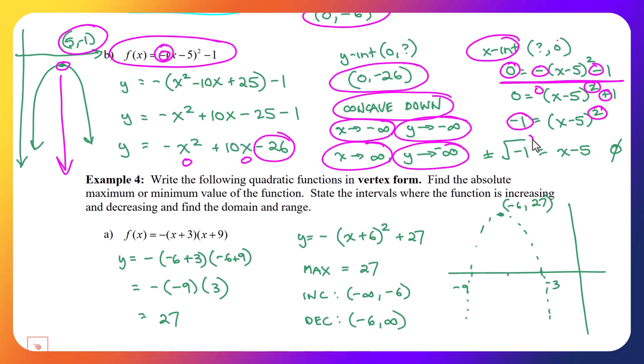We root both sides, and you're rooting a negative. Not going to happen. So algebraically, we can see that there isn't going to be an x-intercept. Geometrically, we can also see there isn't going to be an x-intercept.